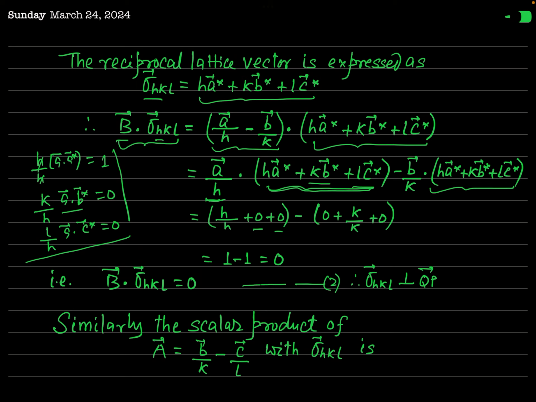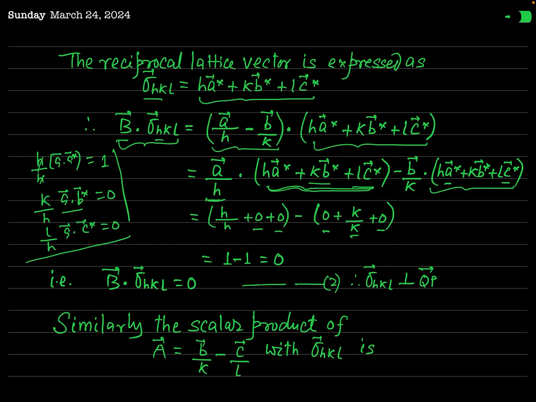Okay. Similarly, in the second term, only B dot B* will be equal to 1, and B dot A*, B dot C* will be 0. So the first term will be 0, third term will be 0, and only the second term will be non-zero, and that will be K over K times B dot B*, which is 1.